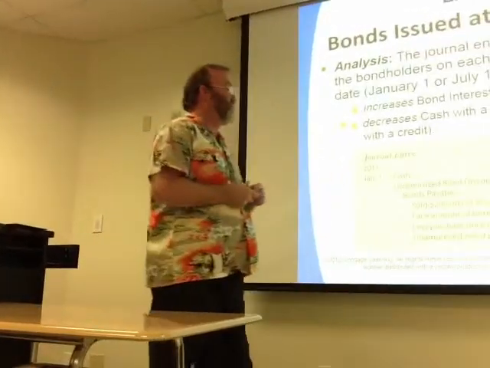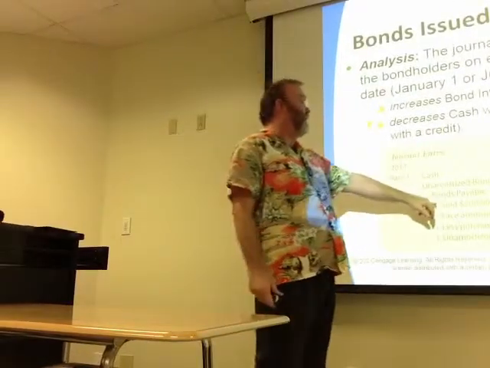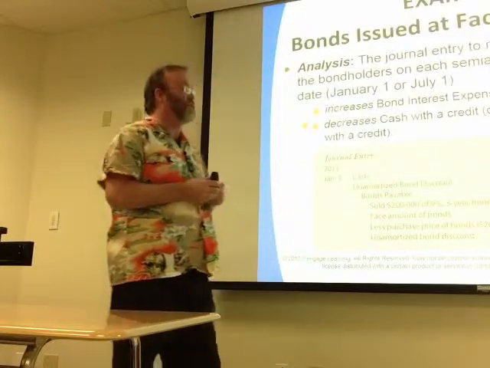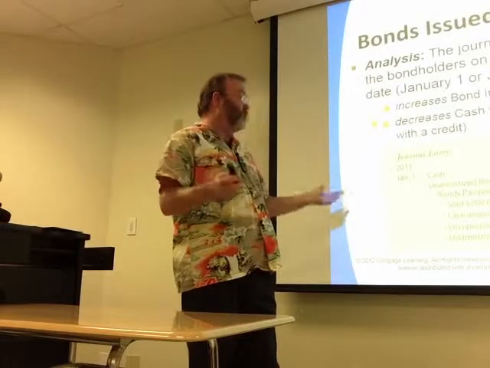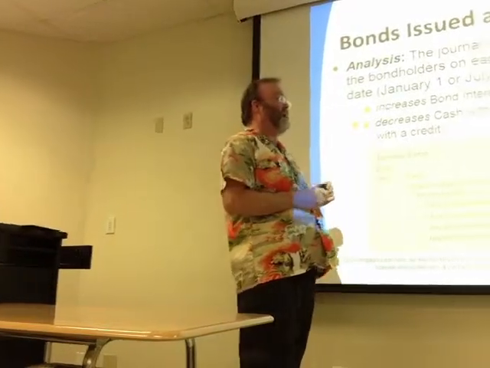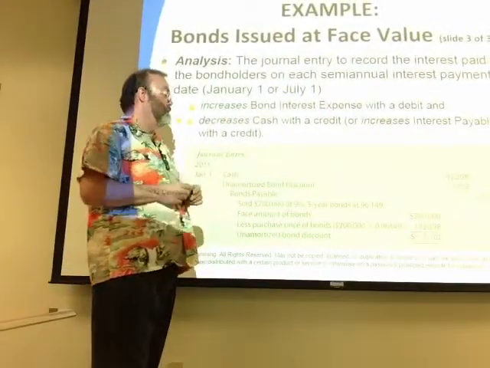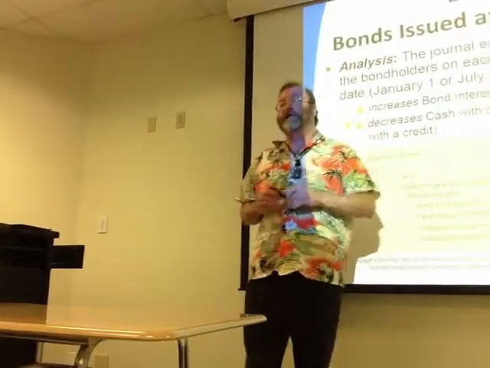If the bond sells for less than the face value, in this case we've got the same $200,000 bond that is selling at 96.149. So the proceeds are going to be $192,298. We're now getting a discount on bonds payable, which is a contra liability account.